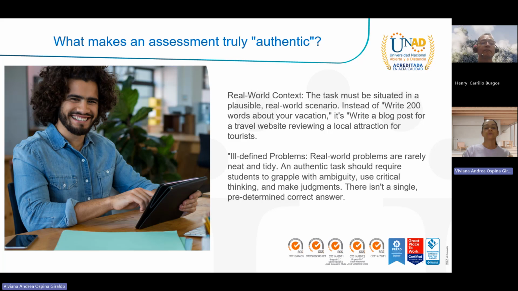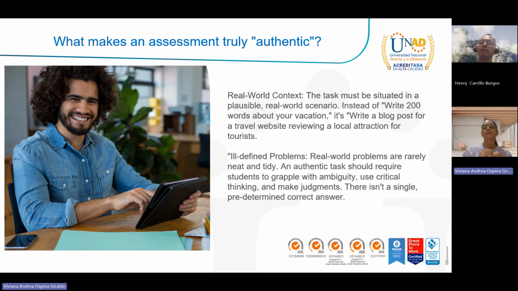They also need to use capacities. They need to interact with one another. So, what makes an assessment truly authentic? The first thing that we need to consider is the real world context. The task must be situated in a real world scenario.